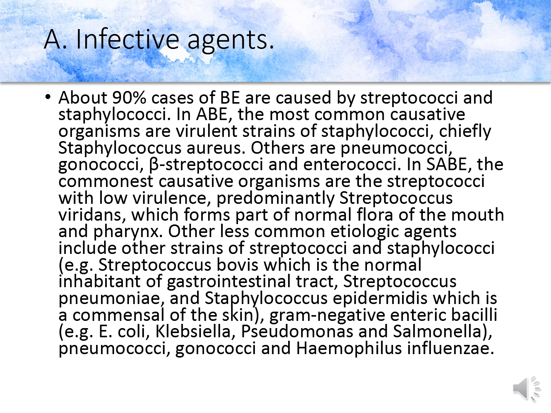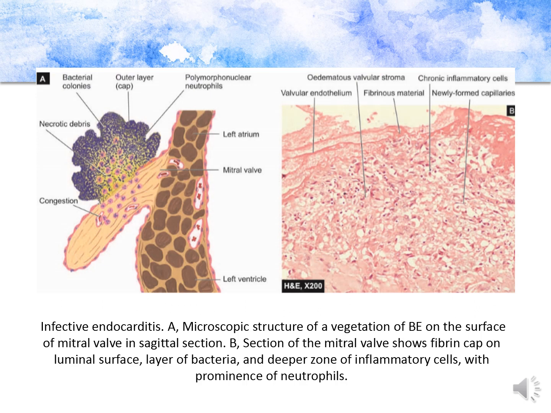For example, Streptococcus bovis, which is a normal inhabitant of the gastrointestinal tract, Staphylococcus pneumoniae and Staphylococcus epidermidis, which are common in the skin. Gram-negative enteric bacilli like Escherichia coli, Klebsiella, Pseudomonas, and Salmonella, various pneumococci, gonococci, Haemophilus influenzae, all of them may cause such endocarditis.